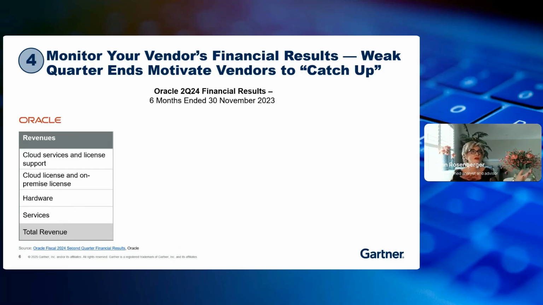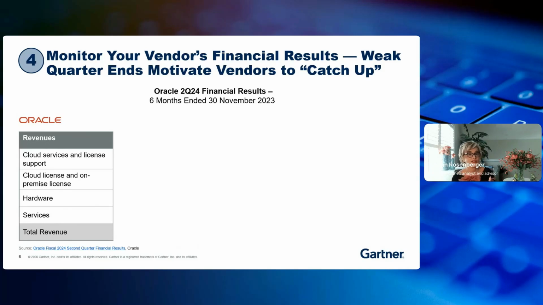Now, vendors are very much like you, like end users. Your end user organizations care very much about how do revenues and expenses look quarter over quarter, year over year. Vendors are no different.